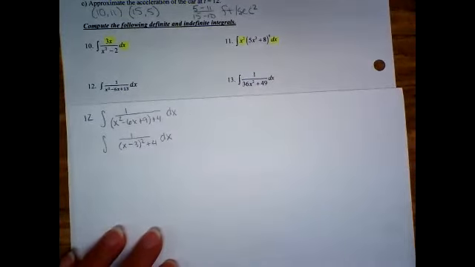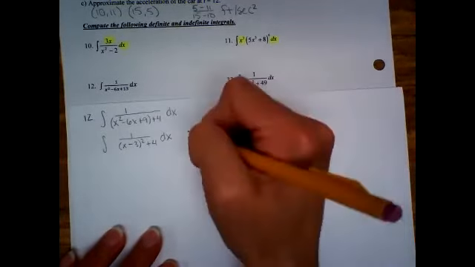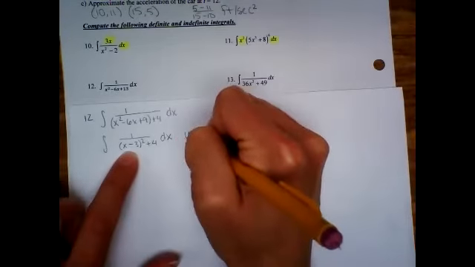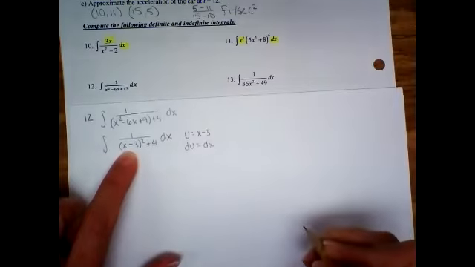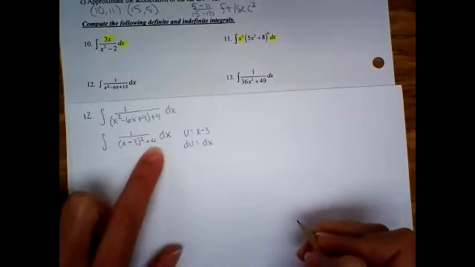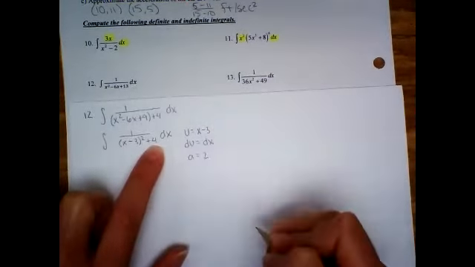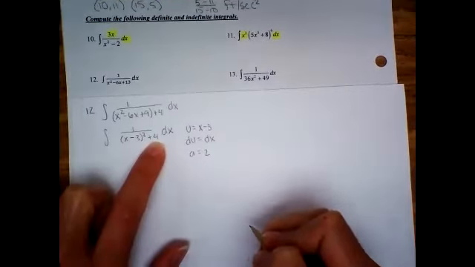And now it's going to follow one of our inverse trig patterns. I'm going to let u equal the x - 3 part. The nice thing about that is the derivative is just 1, so du is dx. And then our a value is 2. 2 squared gives you 4.